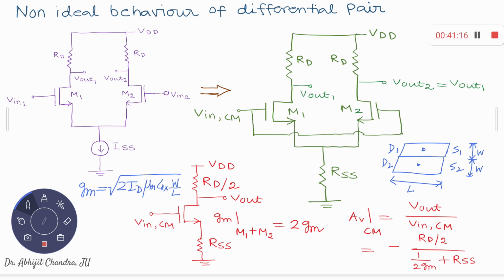So this gm of M1 plus M2 becomes 2gm. So now this circuit reduces to this one only.